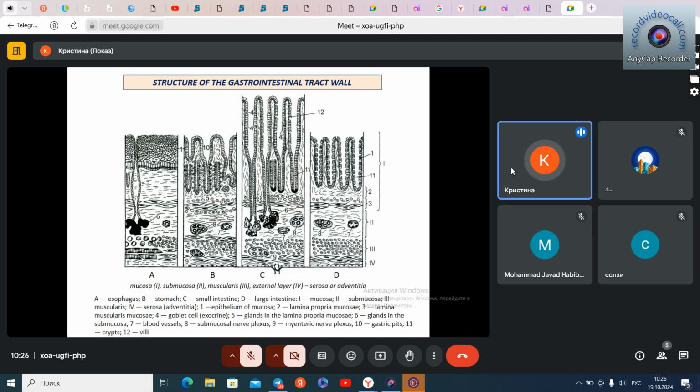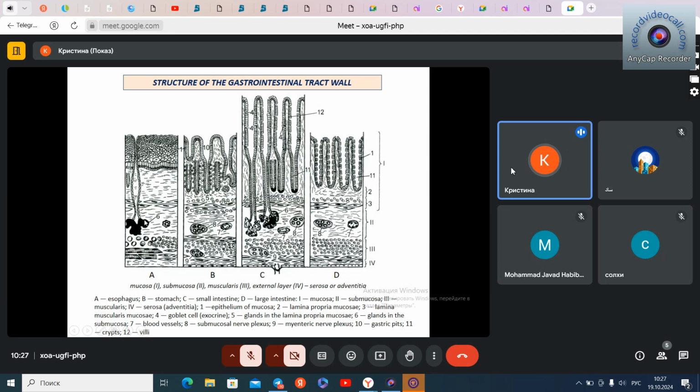In this picture, you see the difference in the histological structure between different portions of the gastrointestinal tract. In the first picture A, we see esophagus, in B, stomach, in C, small intestine, in D, large intestine or colon. So, in all cases, we have four layers.